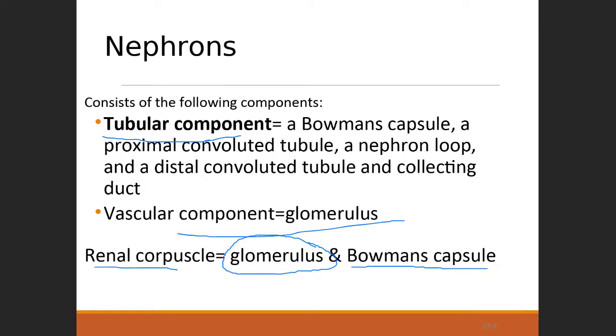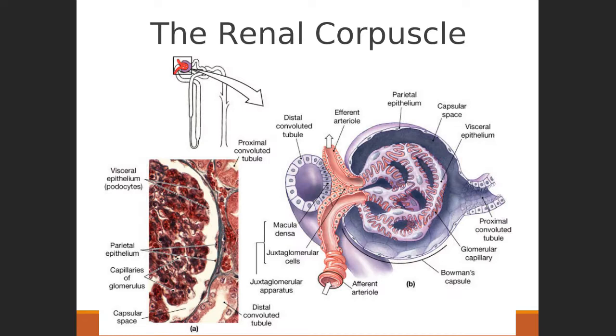Here is our afferent arteriole bringing blood into the glomerulus. Here's our efferent arteriole carrying blood away from the glomerulus. Here are our glomerular capillaries. The surrounding structure here is our Bowman's capsule.